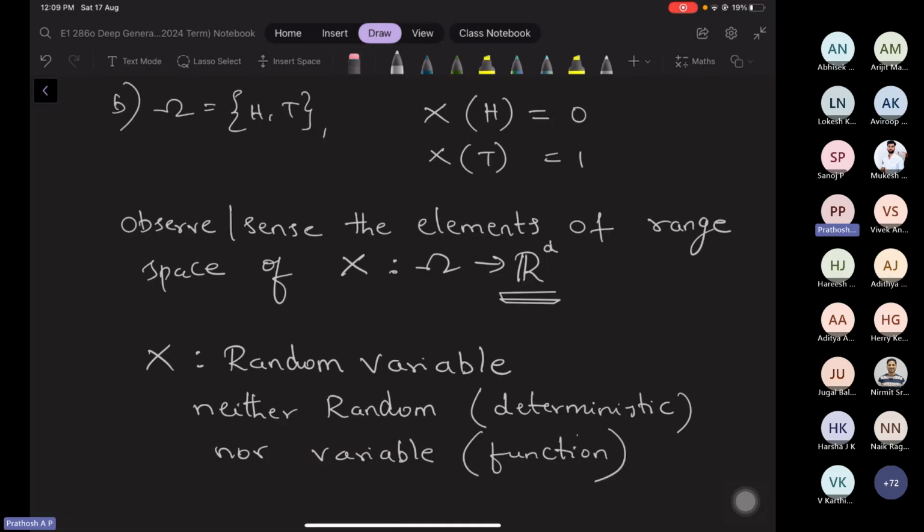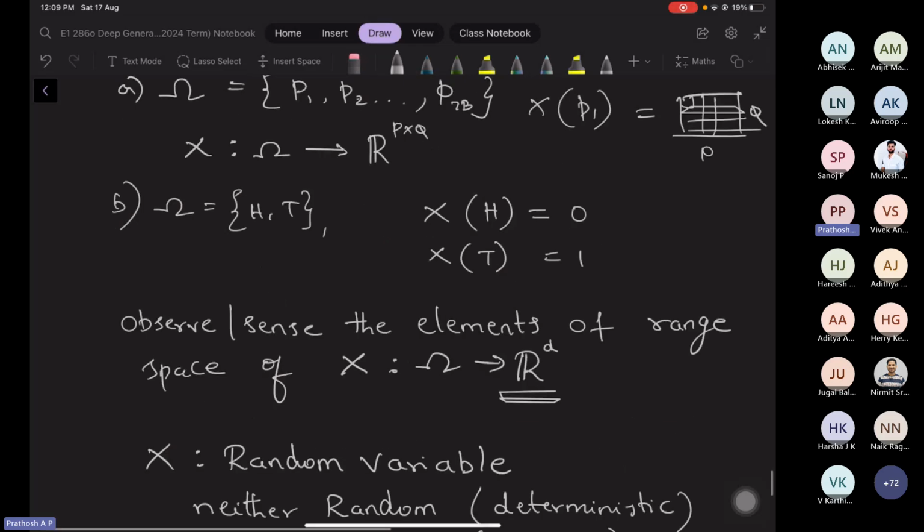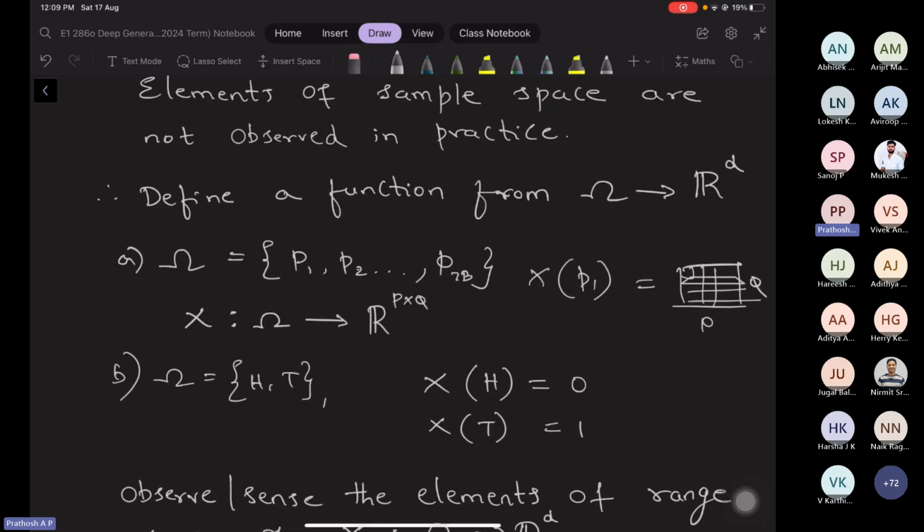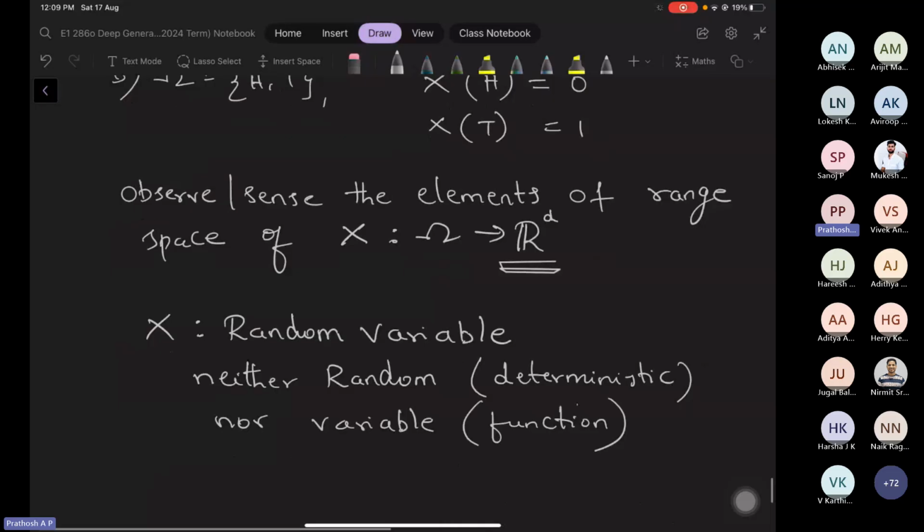I don't know who named it random variable, but that person has made a big mistake. This is neither random nor a variable. It's actually a function that is defined between the elements of sample space and real numbers, or d-dimensional Euclidean space. Make sense? Now, in the deterministic function approximation problems, what we used to call the domain is now the elements from the range space of the random variable from the probabilistic standpoint.